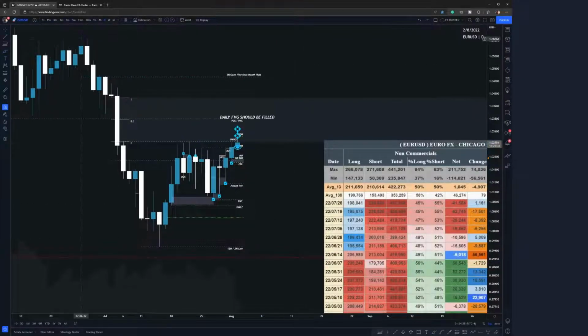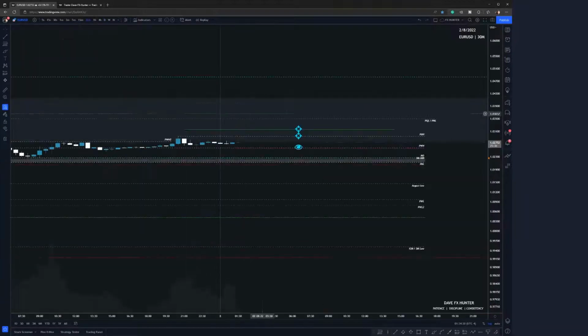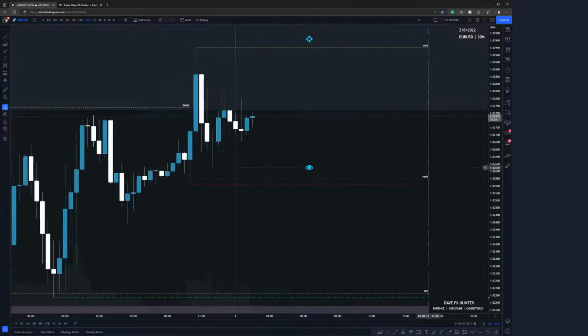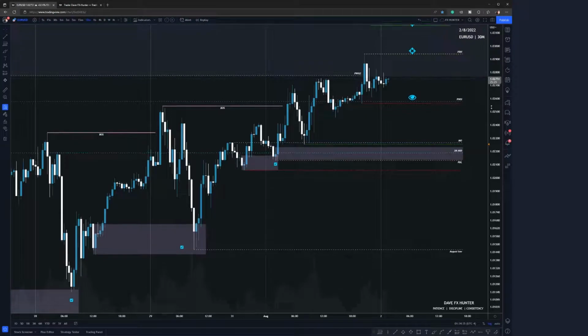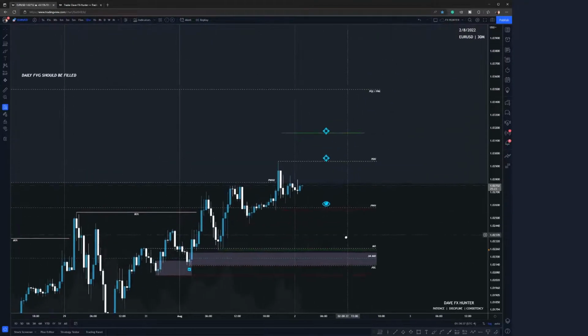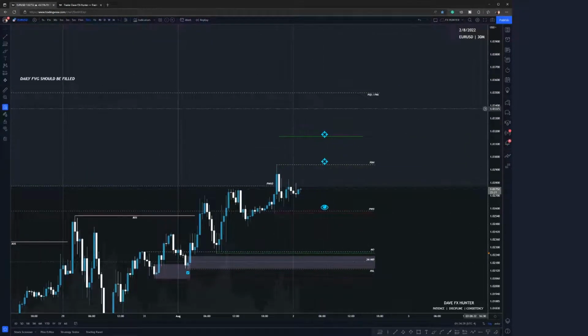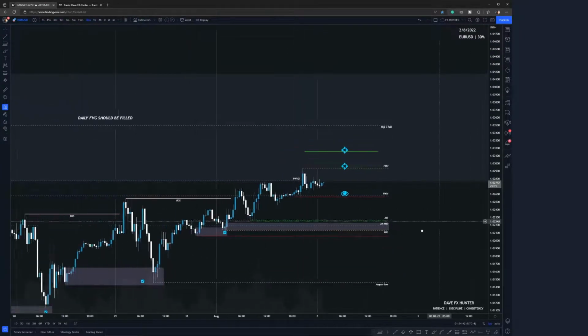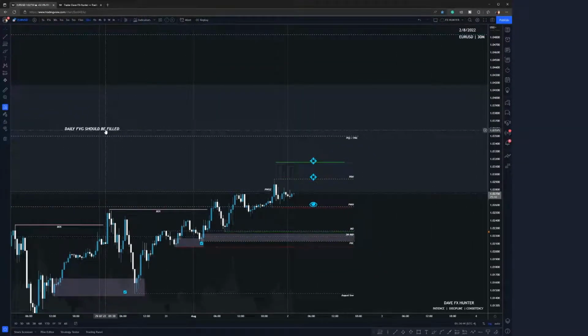So let me bring up the lower time frame again. We are on the 30 minutes right now, and what I think we could see is a potential up move deeper into this daily fair value gap, right? Where we could go, most likely, is that we will visit this previous day high, PDH, and here is a 127 Fibo extension.